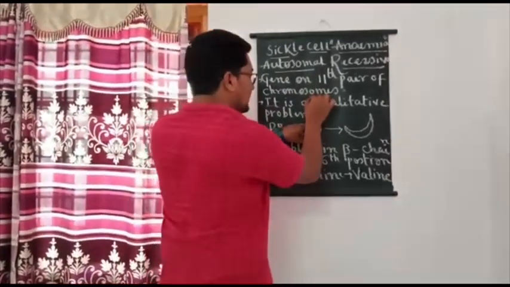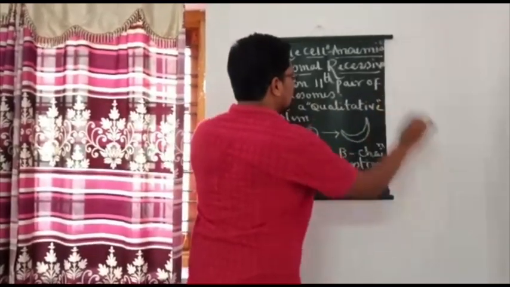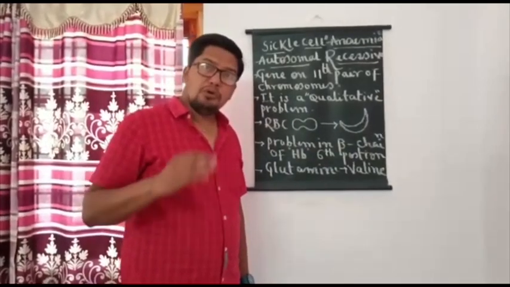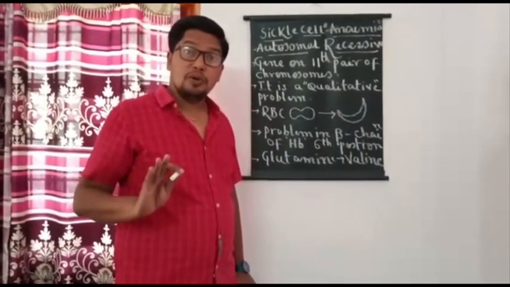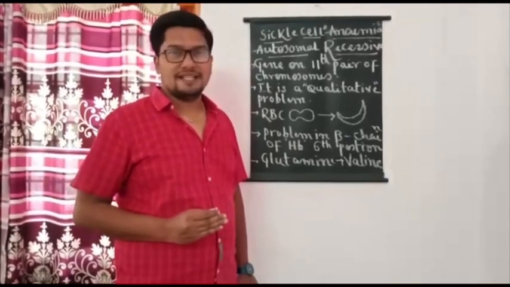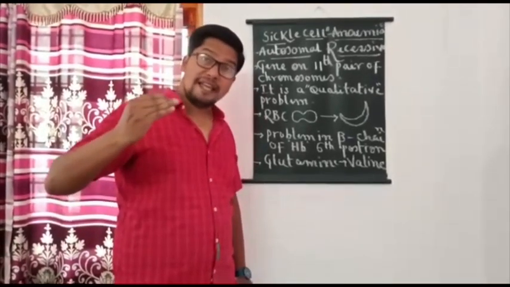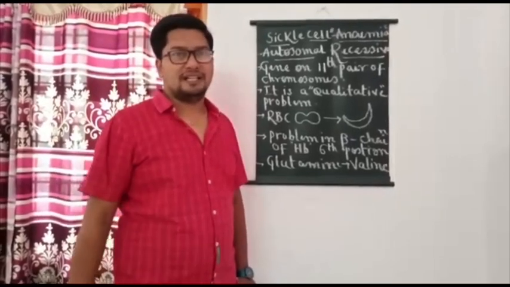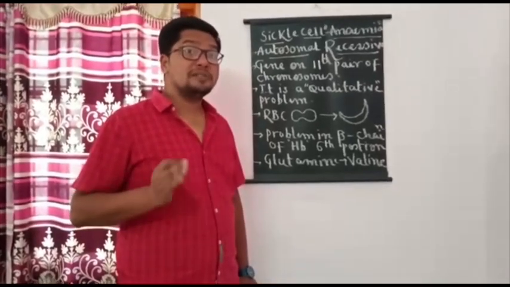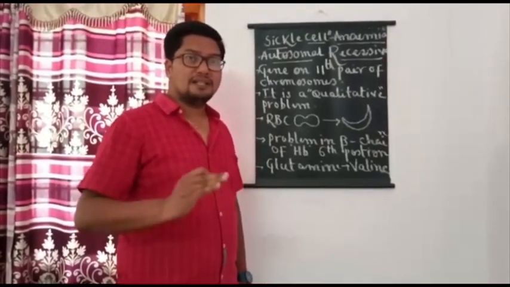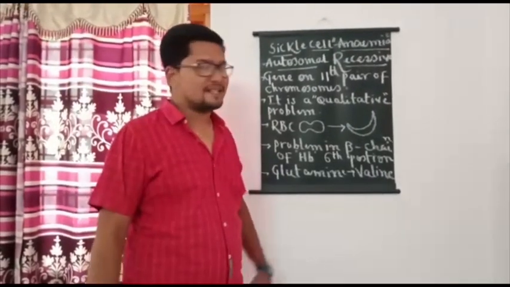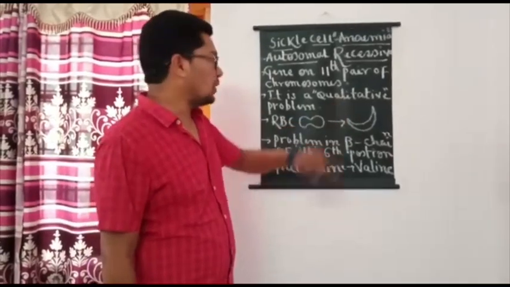It is a qualitative problem, means in sickle cell anemia the number of hemoglobin molecules synthesized is normal, but the quality of the hemoglobin decreases, means its oxygen carrying capacity decreases. Hence, there is no change in the number of hemoglobin molecules synthesized in the blood, but the amount of oxygen carried by the blood to the body tissues decreases. Hence, it is a qualitative problem.